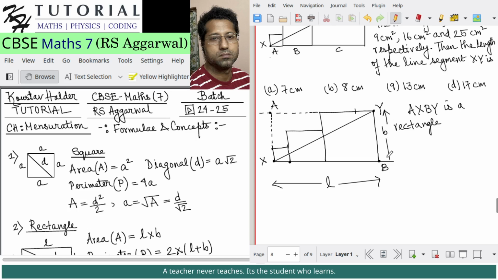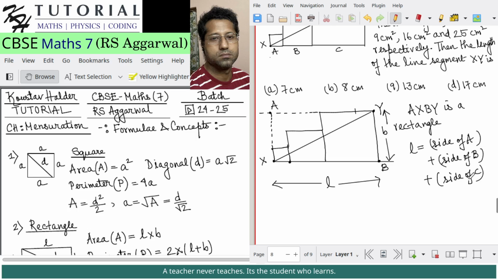Now, do we know L and B? We can easily find L and B. What will be L? Since all these figures are squares, A, B, C are squares, L will be equal to the side of A plus the side of B plus the side of C. By side, I mean the length of the side of the square.